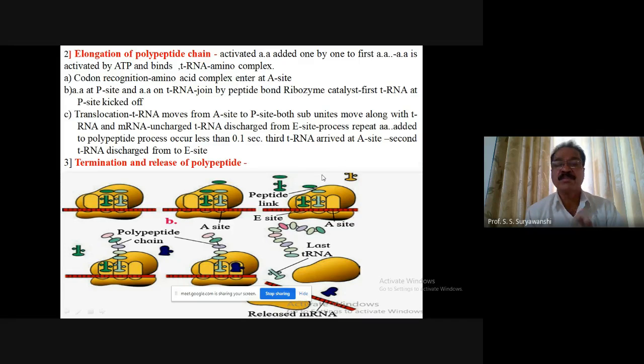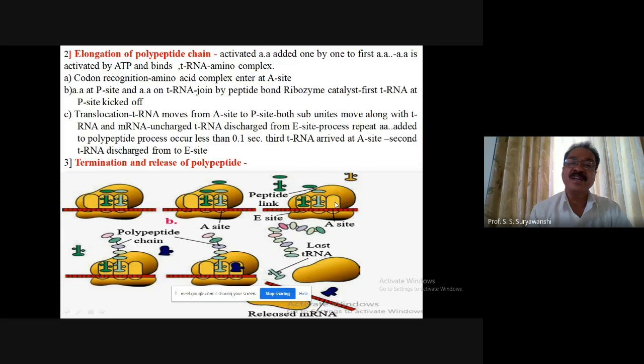It brings the amino acid of a specific type. In this way, from 5 to 3 direction the ribosomes move. It is translocation, and the tRNA moves from A to E, and from E it exits.